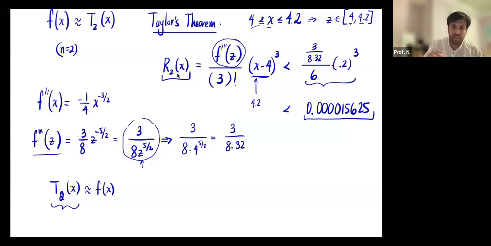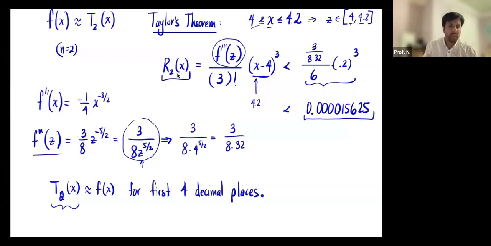It's quite accurate for the first 4 decimal places. So the accuracy is precise within the first 4 decimal places. And that's one way to consider how to do this.